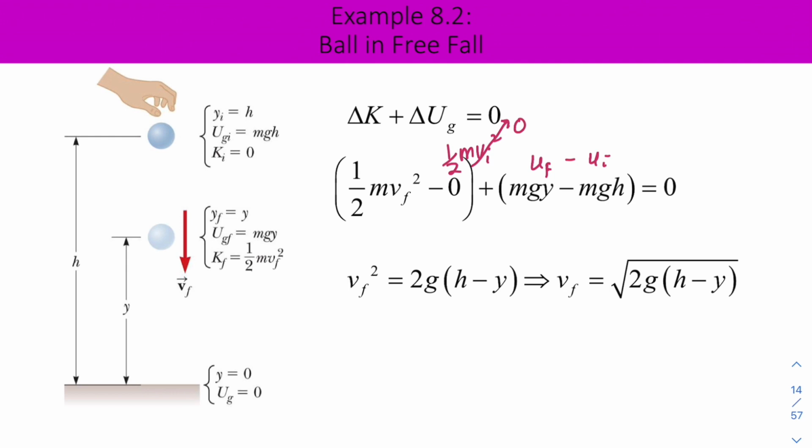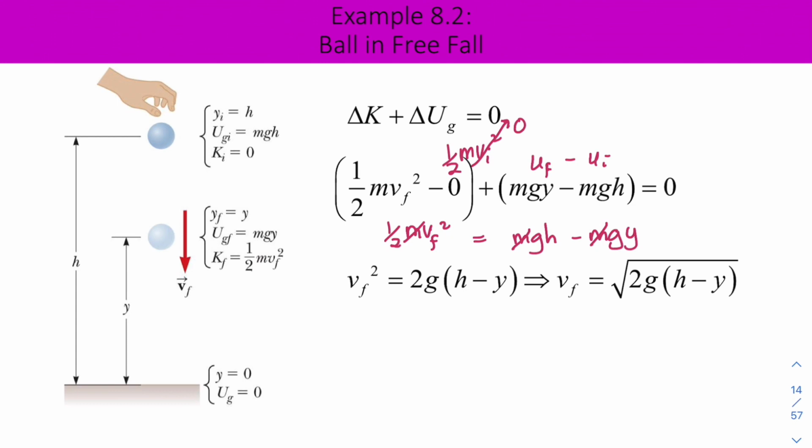So from here, we can rearrange the equation, and our V final is equivalent to the square root of 2g times h minus y. The m is cancelled out because, if you see here, half m V final squared is equivalent to mgh minus mgy. So we do have m on both sides.